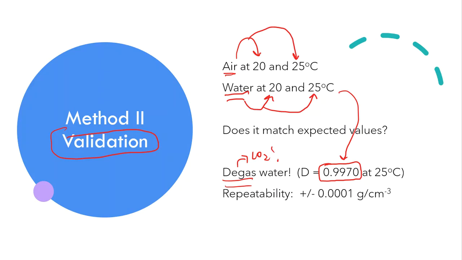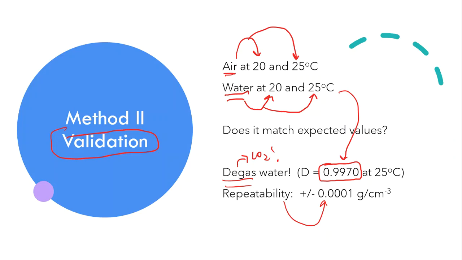Finally, repeatability for these instruments, they need to be plus or minus 0.0001. So we're talking about standard deviation here. So if it makes multiple density reads, we want to make sure that the standard deviation is appropriate. We want to make sure that the instrument can do the same value every single time it makes a reading, and repeatability is the word that we use for standard deviation.